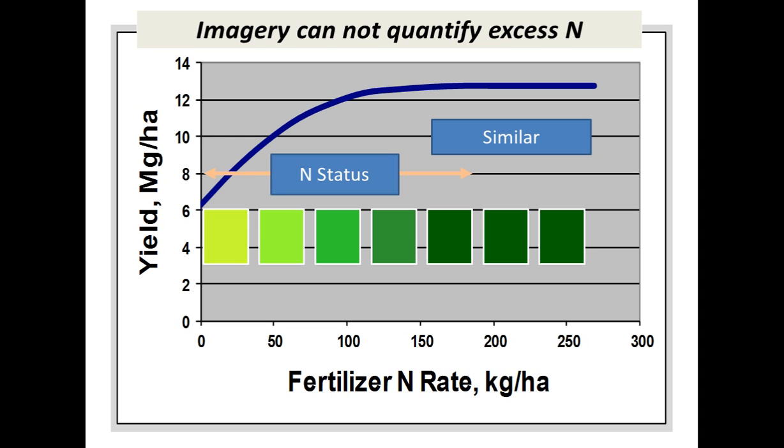And when they do that, something else becomes limiting. Something else limits the ability of the plant to produce more metabolites. And so the yield tends to reach a plateau. And the sensors and the imagery are not able to tell us how much extra nitrogen is in that plant. This is where we have to go to tissue testing.